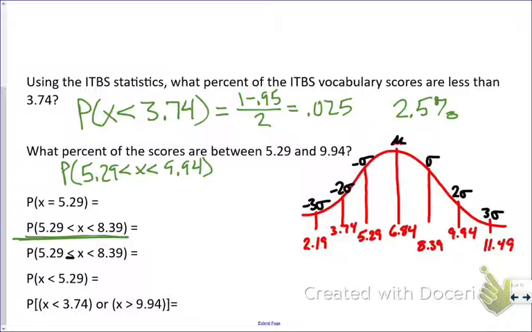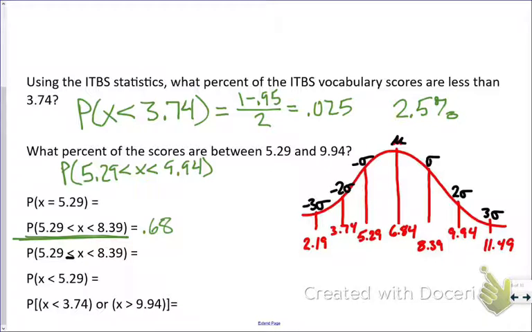529 to 839. So it looks like 529 is 1 below and 839 is 1 above. So that one's easy, right? That's approximately 68. And then the question that I skipped right above it and the question right below it have an equals. So proportion of x's equal to 529.